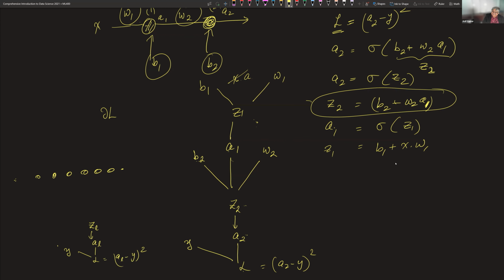But ZL comes from BL, AL minus 1, and WL, the weights in this particular layer, they produce this, right? But this comes from, again, a tower of things, the same tower.